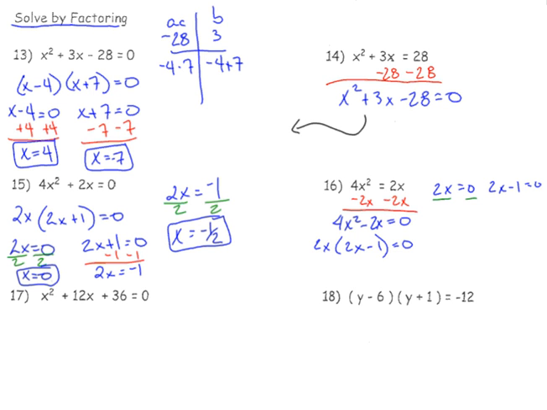I divide this one both sides by 2. X equals 0. This one I add 1 to both sides. 2x equals 1. I now divide both sides by 2. X equals 1/2.